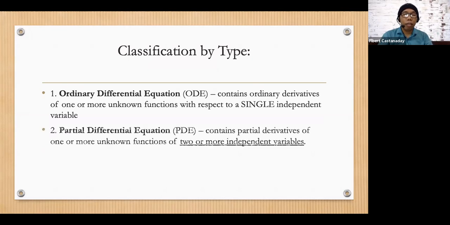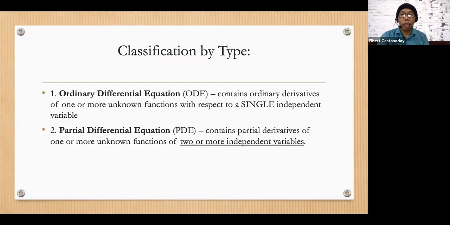The next one is partial differential equation, or PDE. It contains partial derivatives of one or more unknown functions of two or more independent variables. So what are the differences? For ODE, it has a single independent variable, and for PDE, two or more independent variables.